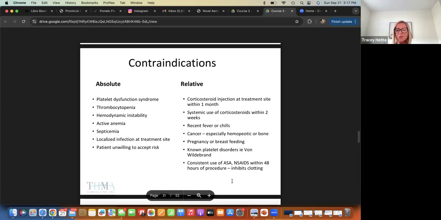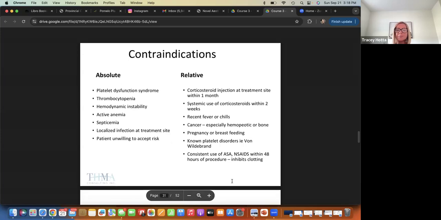Cancer, especially blood or bone cancer, pregnancy or breastfeeding. We don't really recommend doing anything with pregnancy or breastfeeding in our clinic. Known platelet disorders like von Willebrand's disease, and consistent use of ASA or NSAIDs within 24 hours of the procedure, because it inhibits clotting.